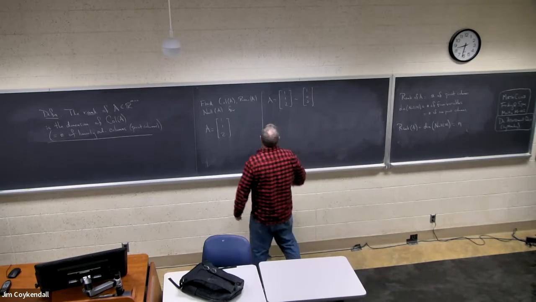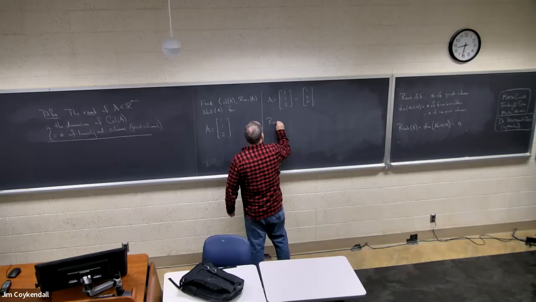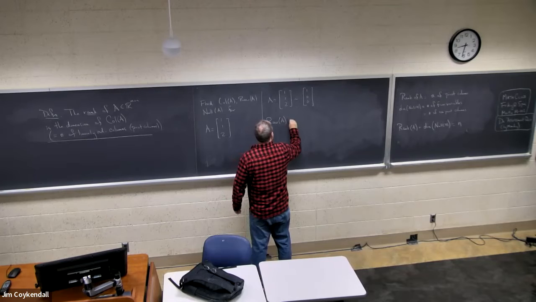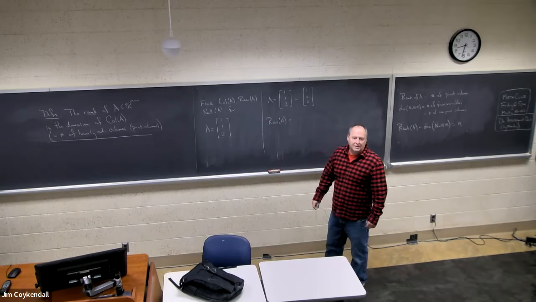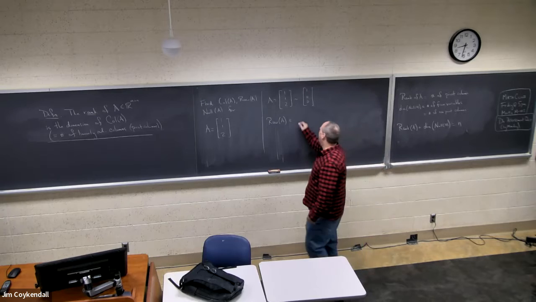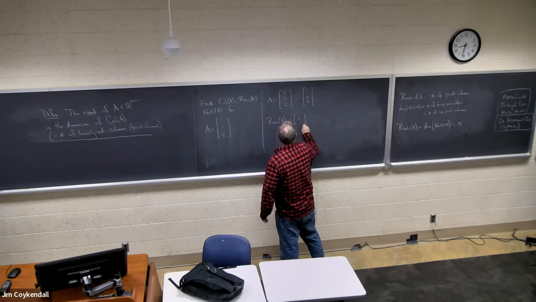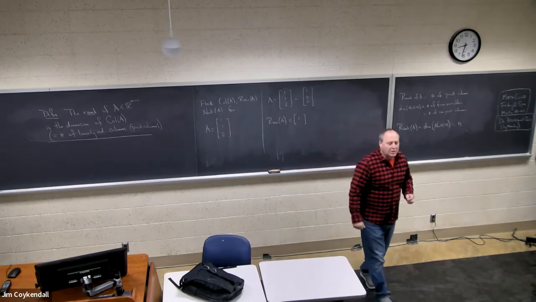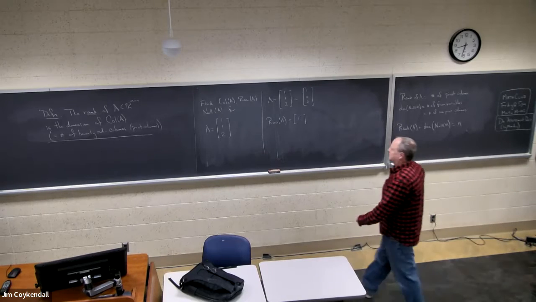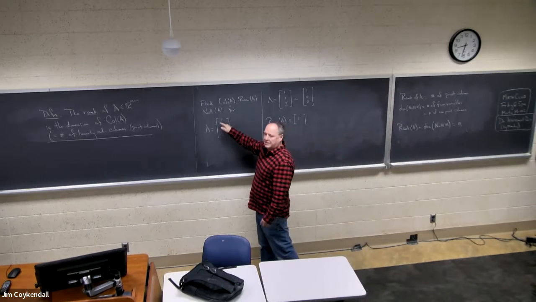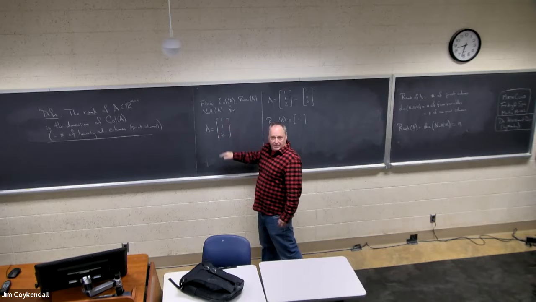Okay, so the row space is generated by the row vector 1. The row space is one dimension, because the rows are only one line.